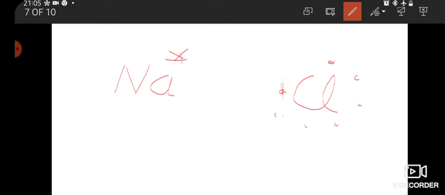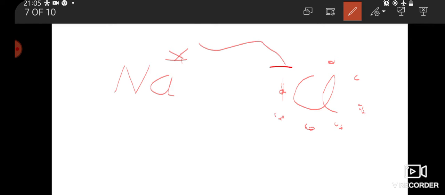Here, sodium has 1 electron in its outermost shell, so 1 electron is drawn around the sodium, which is called the Lewis symbol. Chlorine has 7 electrons.